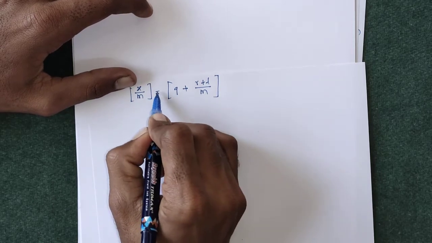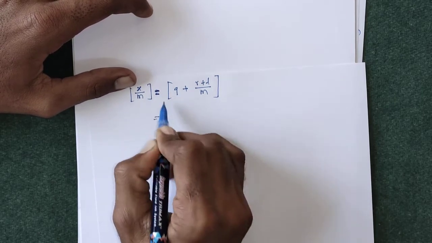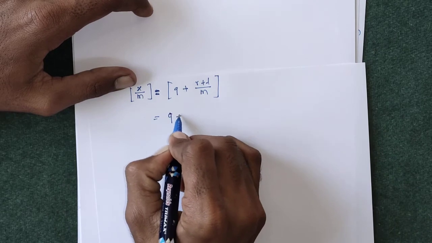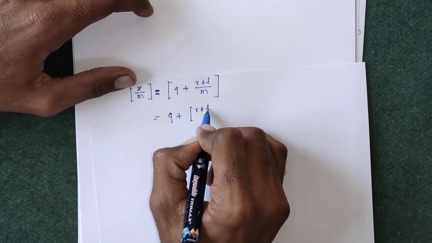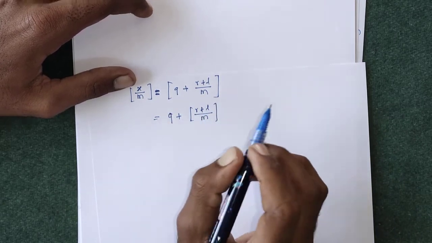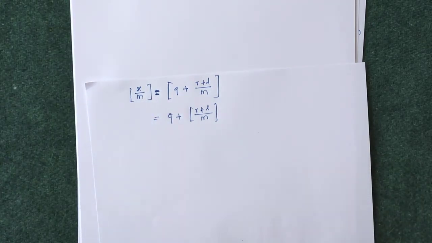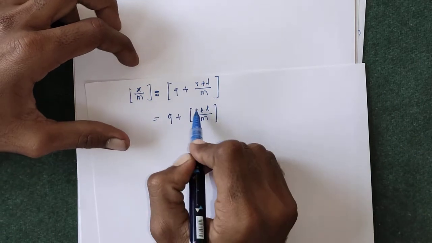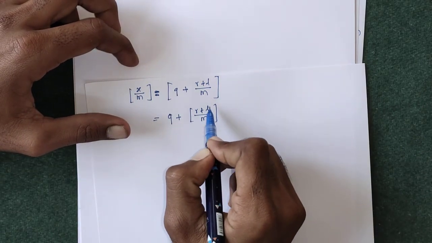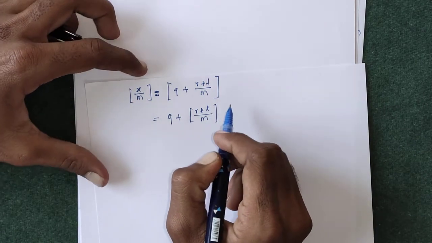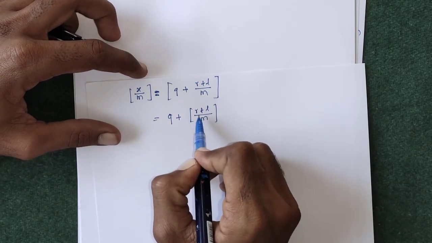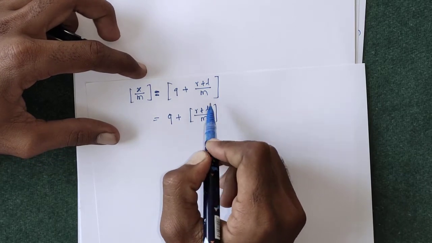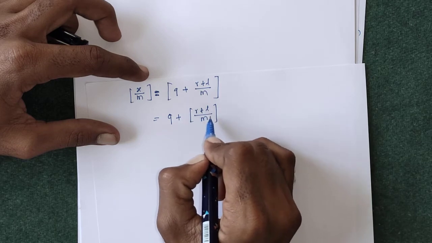So q is an integer, so we can write the integral part of q plus something as q plus the integral part of the remaining term. Now to get the required result, we have to prove that this integral part is equal to 0, as our r is less than m and l is less than 1. This r is less than m, as we have seen in the previous part. Also l is less than 1.